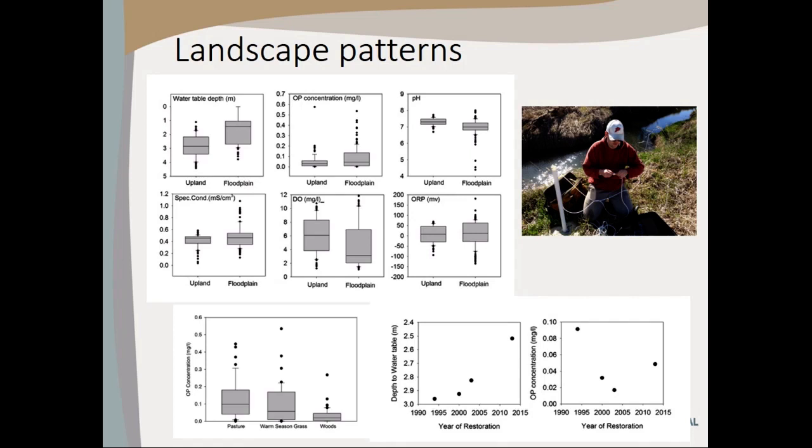Like I've shown before in other work, we do see deeper water tables in older prairies. Interesting. It fits with this greater water demand from prairie compared to seasonal crops, but no relation at all in terms of the orthophosphorus concentration based on how many years it's been since it's been restored.